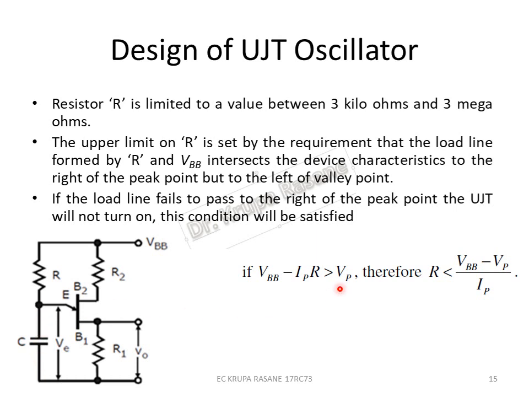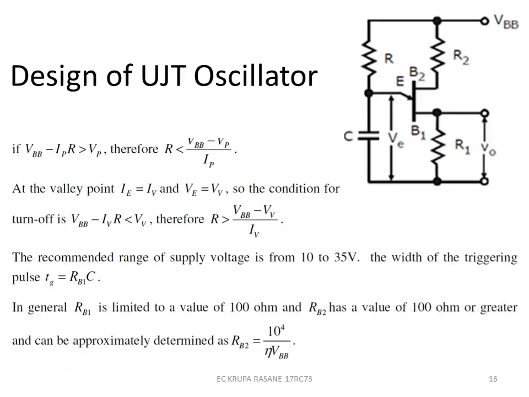That voltage has to be greater than V peak. Therefore, R has to be less than (VBB minus V peak) divided by I peak. So we have found the maximum value of R.